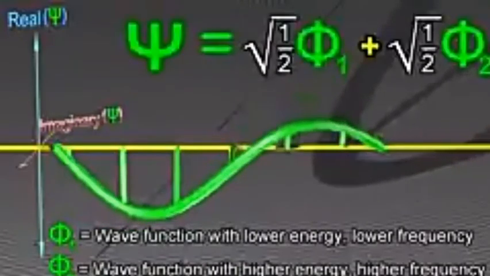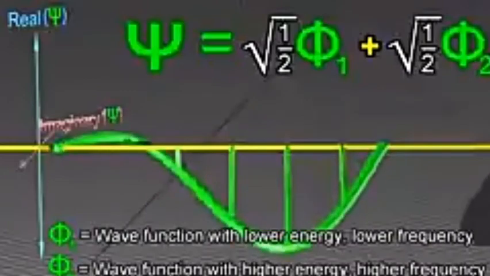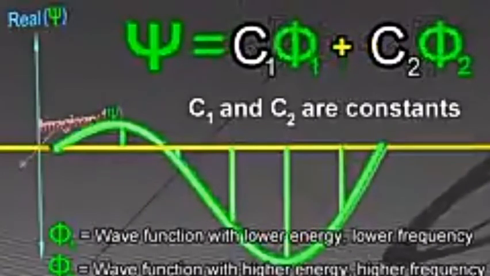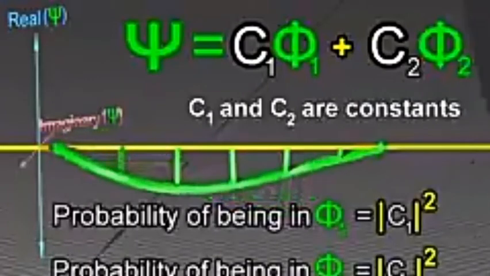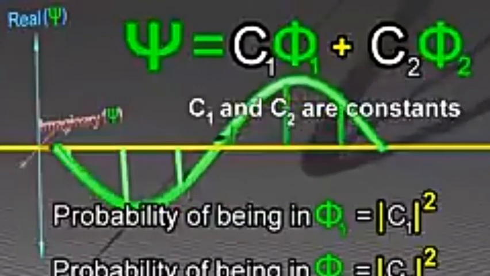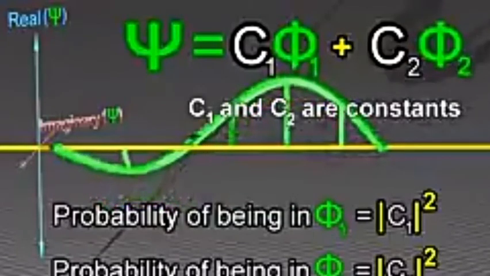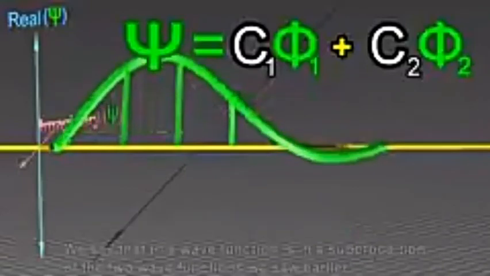Phi 2 is the wave function with higher energy and higher frequency. Phi is equal to c1 phi 1 plus c2 phi 2, where c1 and c2 are constants. The probability of being in phi 1 is equal to mod of c1 square. The probability of being in phi 2 is equal to mod of c2 square.